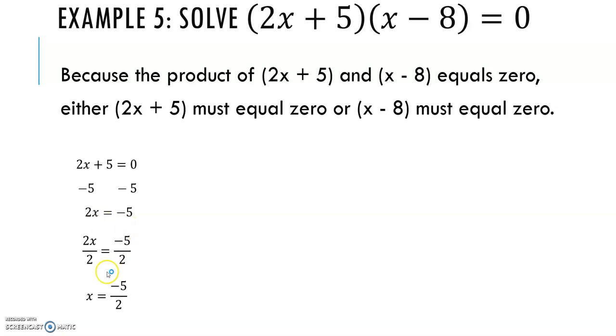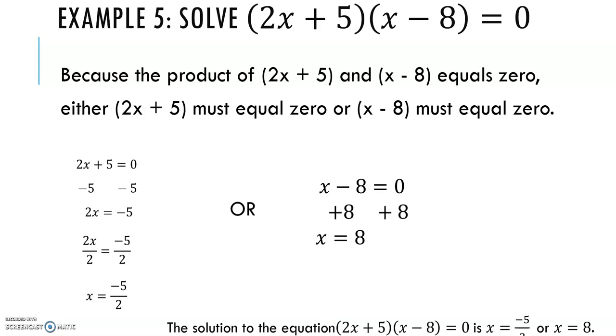Divide by 2 on both sides, x equals negative 5 halves. Or x minus 8 equals 0. Add 8 to both sides. X equals 8. The solution to the equation 2x plus 5 times x minus 8 equals 0 is x equals negative 5 halves, or x equals 8.